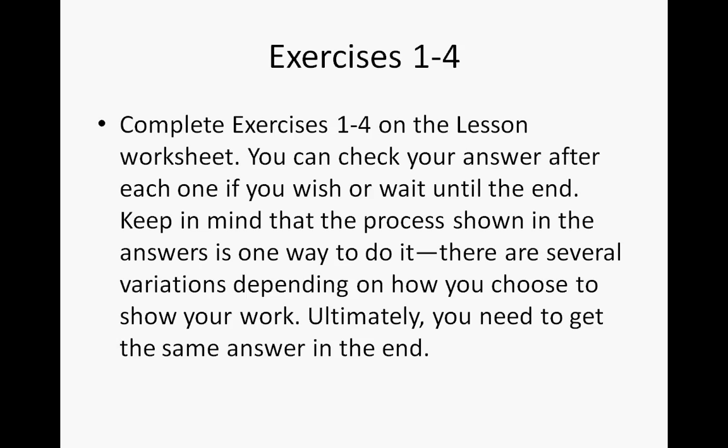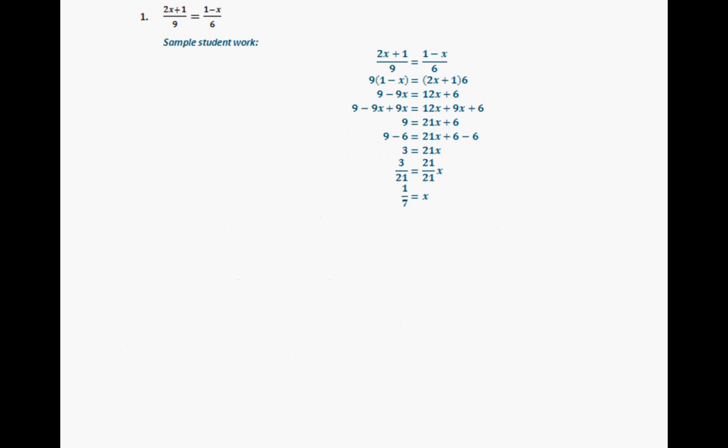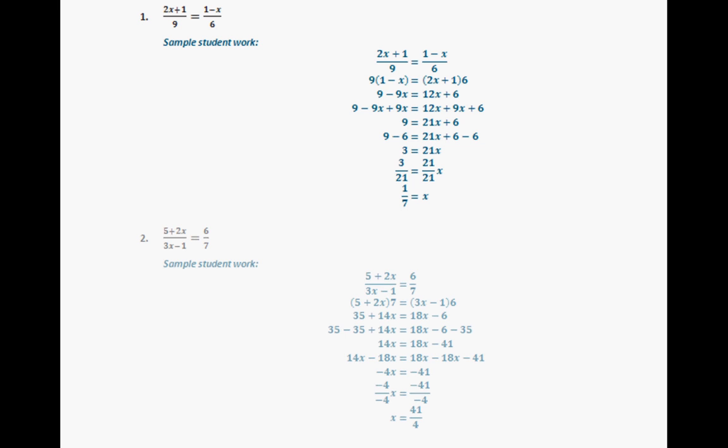All right, so the answer to exercise 1 is 1 over 7, or 1/7 is equal to x. For exercise 2, the answer is x is equal to 41 over 4.